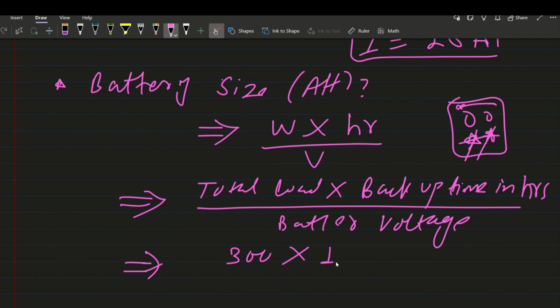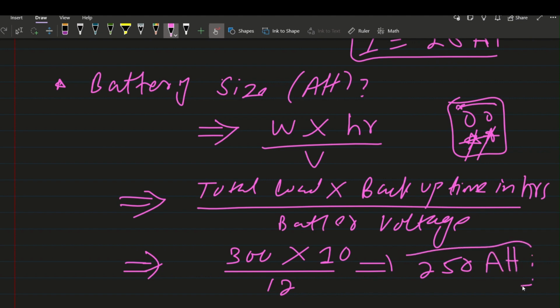So I will take 10 hours as my backup time. You can assume 8 hours, 5 hours, it depends upon you. Battery voltage here is 12 volt. If I calculate this, it will be 250 ampere hour. I have said before, don't forget to mention its unit. The battery size unit is ampere hour.